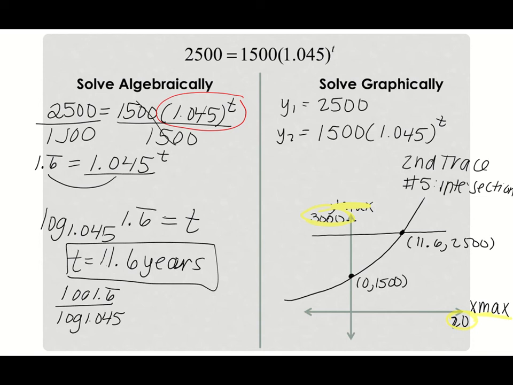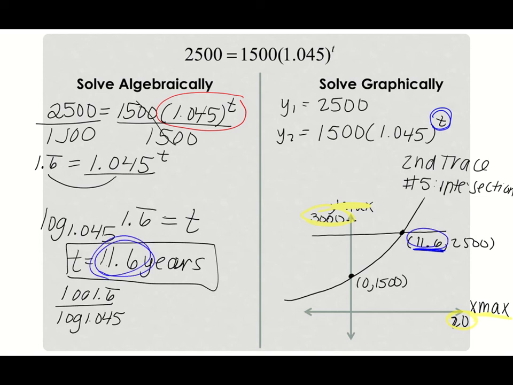And my intersection point I see is 11.6, 2,500. So 11.6 is going to be my time because this is our x value and then these are our y values. So it's going to be at 11.6 years, just like I found algebraically.